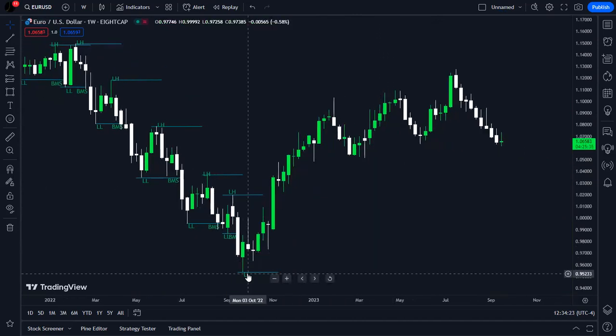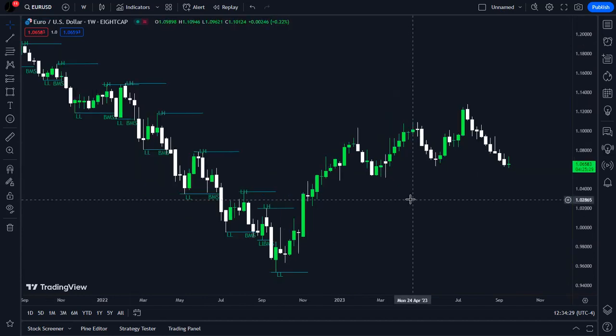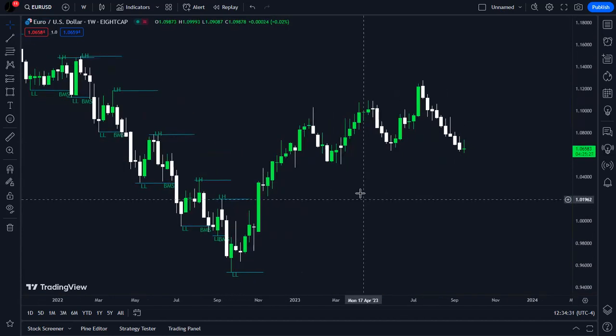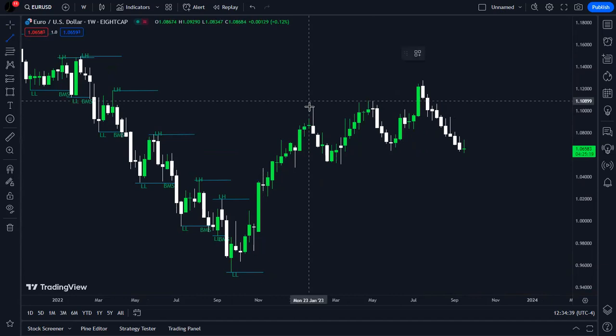So this is the lowest low. Once we break above this lower high, it's bullish. Now the next obvious higher high, shifting bullish, is the highest high. This is the highest high.